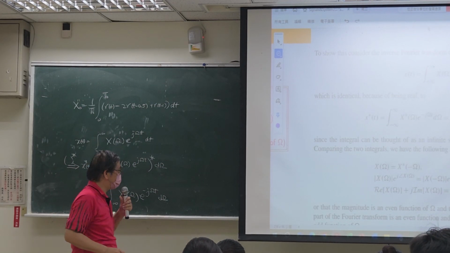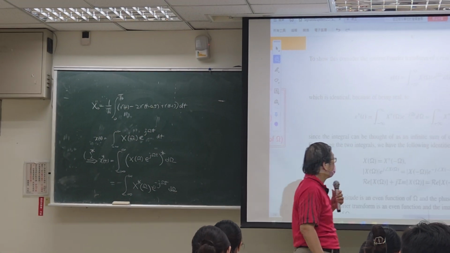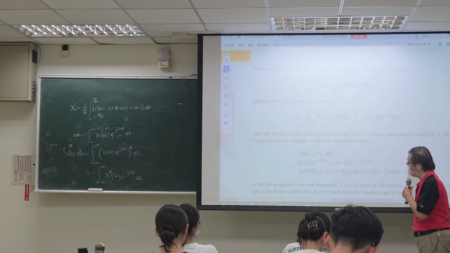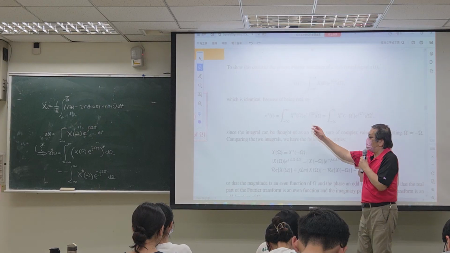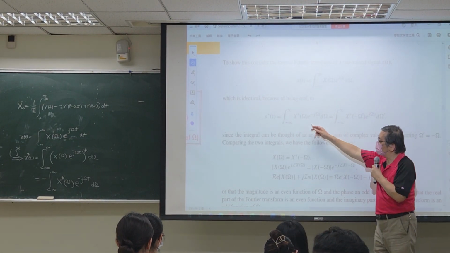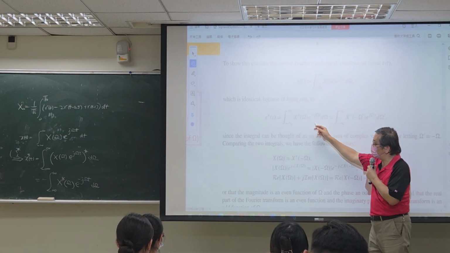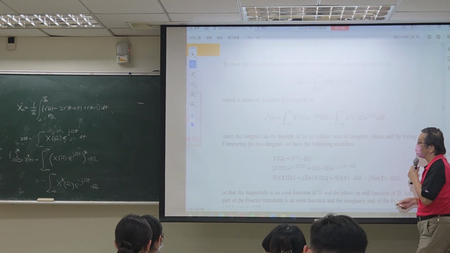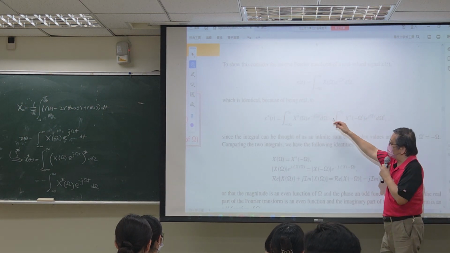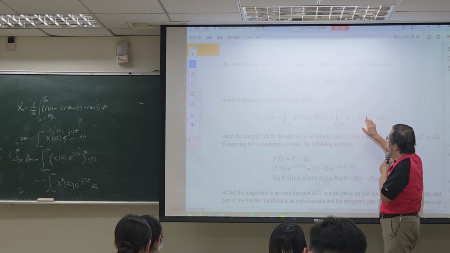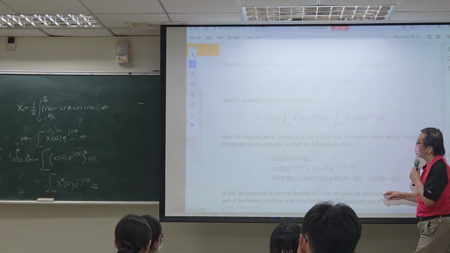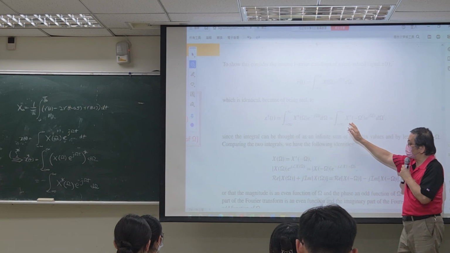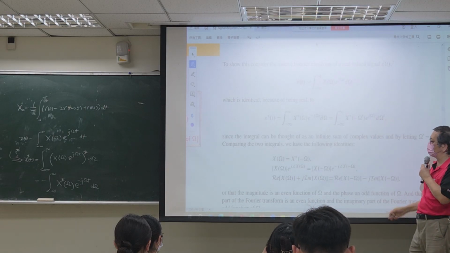Okay, sorry about this. So I change the dummy variable, I replace omega by negative omega prime. Just change the dummy variable. And this omega now is replaced by positive omega prime.